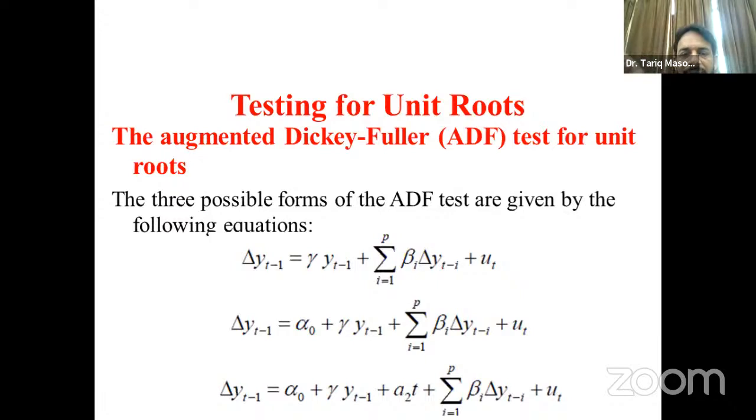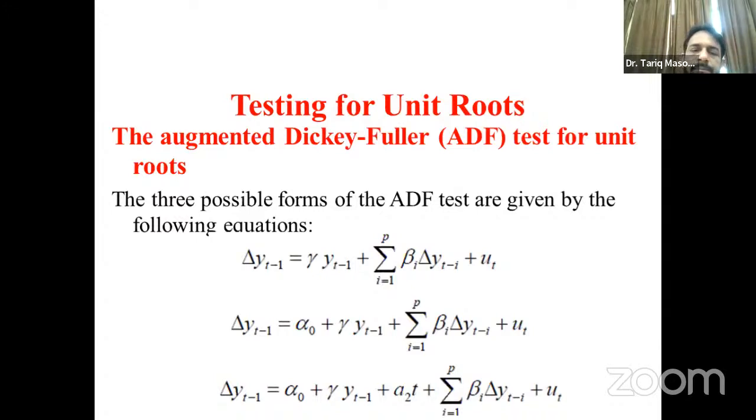The only difference is in the tabulated values. When we add alpha 0, a time trend, or lagged values of the dependent variable, moving from the simple representation towards a more complex one, there is a change in the tabulated value. So it has an effect on the final decision of whether we accept or reject the null hypothesis.